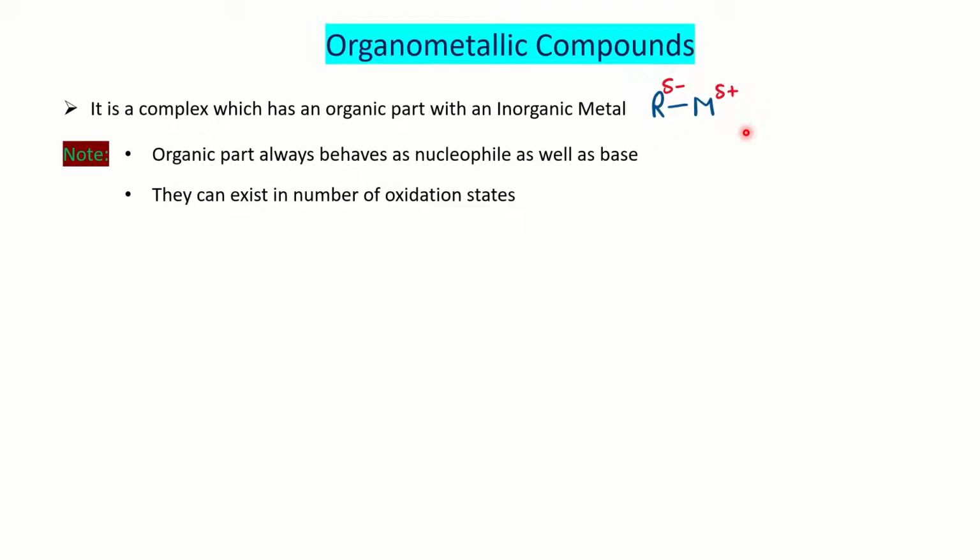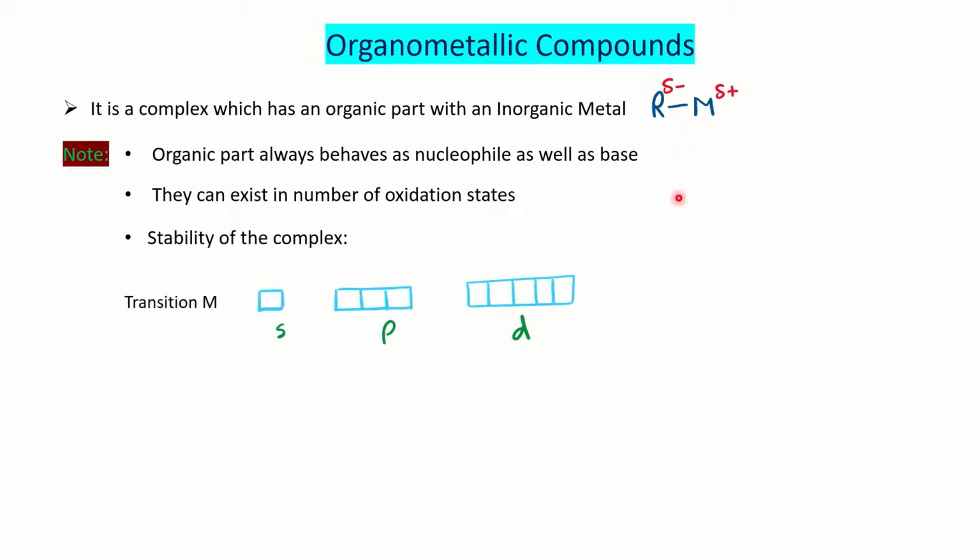and the complex can exist in various oxidation states. So that we will see while discussing and calculating the EAN. Now, what about the stability of the complex? We will see that normally we have the transition metals which exist in different oxidation states and have s, p, d orbitals here.